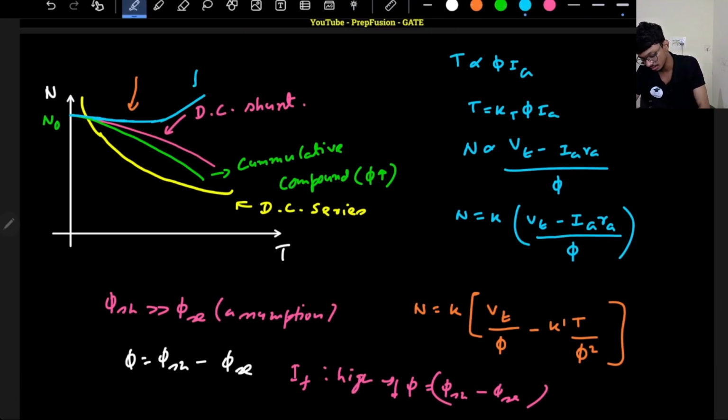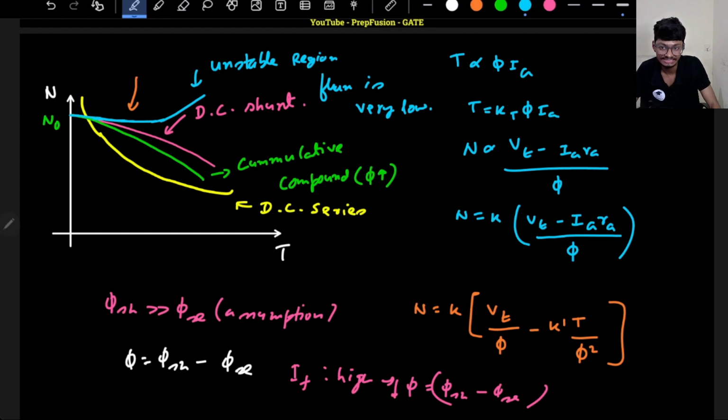This will be similar to the speed current characteristics. So this will again be the unstable region where flux is very low. Okay, so that is a disadvantage basically of a DC differentially compounded machine.